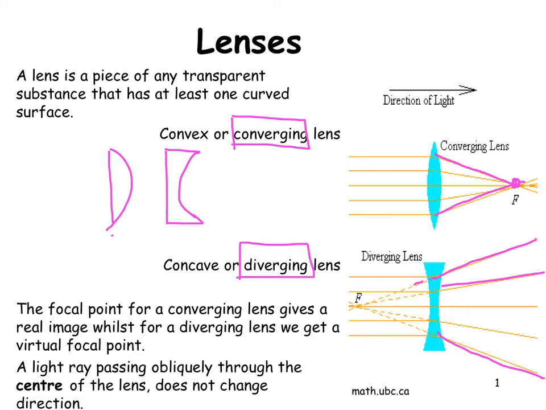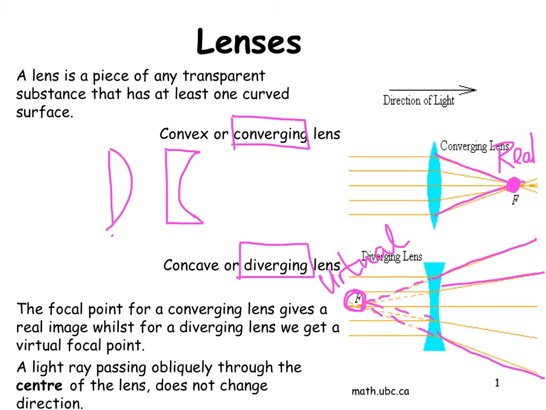However, if we were to bring them back, there would be an imaginary point where they would come together. Now, on a biconvex or converging lens, the point where all the light rays come together is known as the focal point. It's a real focal point. The actual rays get there. Whilst this is an imaginary or virtual focal point. We have to imagine that the rays came from that point.